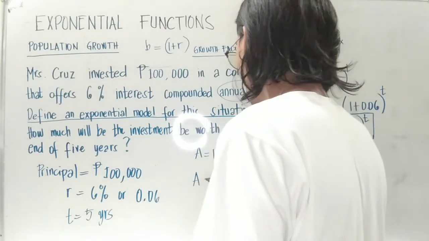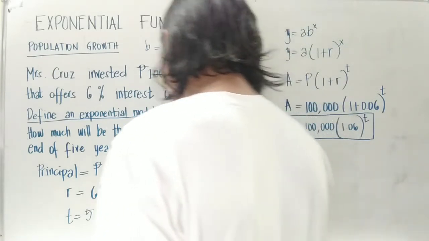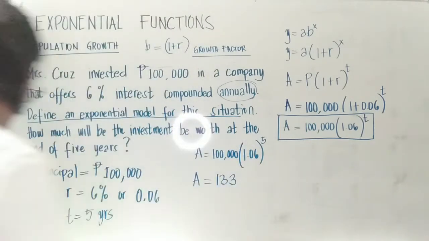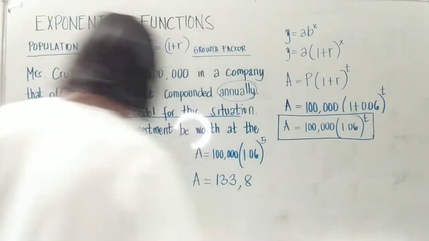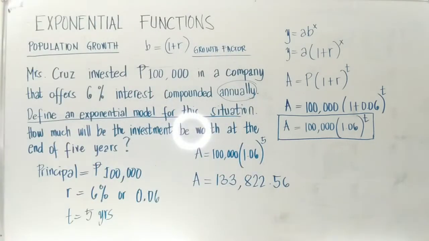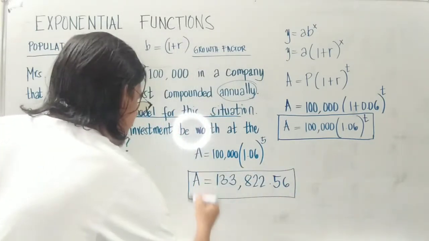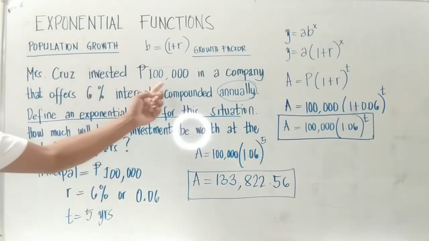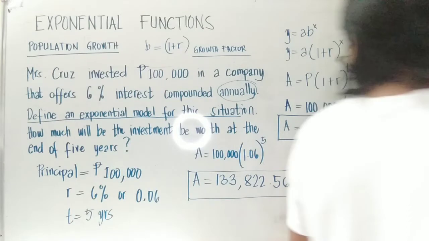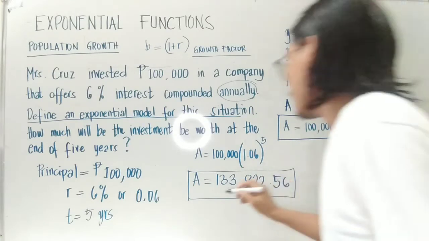So we have A is equal to 133,822.56. So at the end of 5 years, the 100,000 pesos will become 133,822 and 56 centavos, approximately.